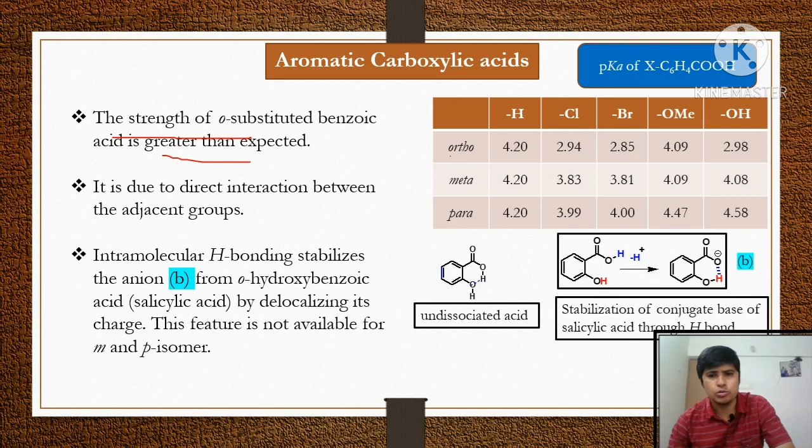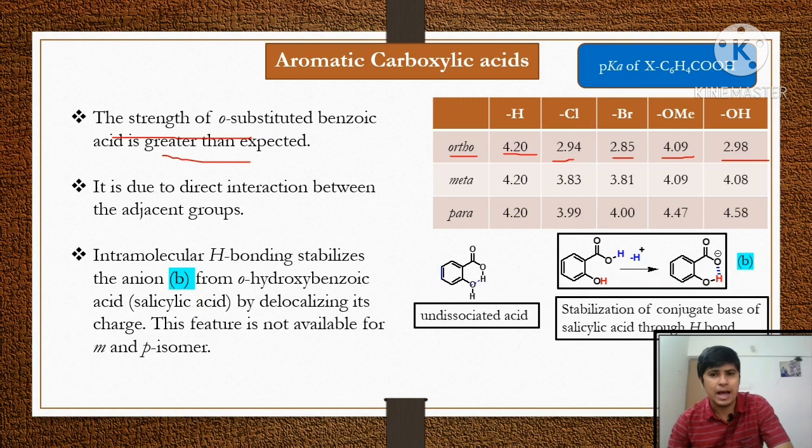When at the ortho position there is a chlorine atom, bromine atom, methoxy group or hydroxy group, the strength of carboxylic acid changes. When benzoic acid is plain, at the ortho position there is no substituent, just hydrogen. So the pK value of benzoic acid is 4.20.